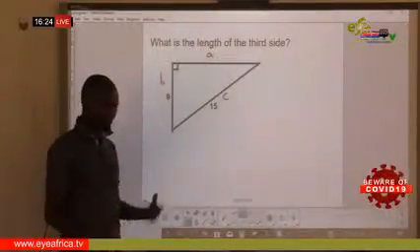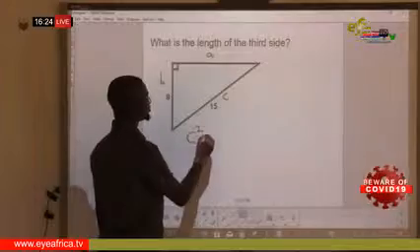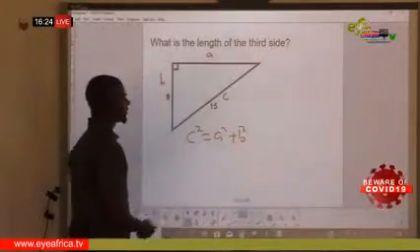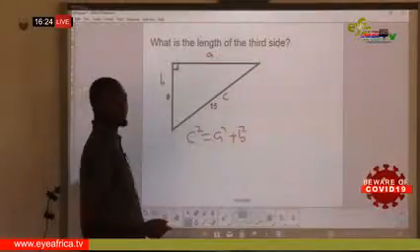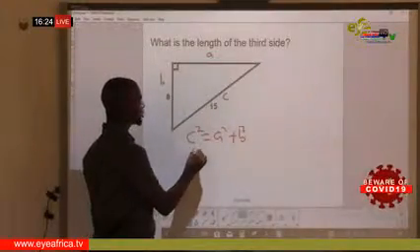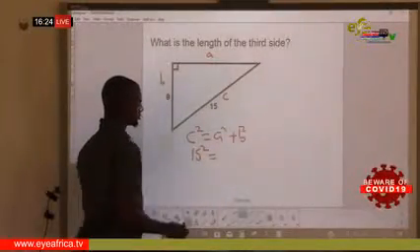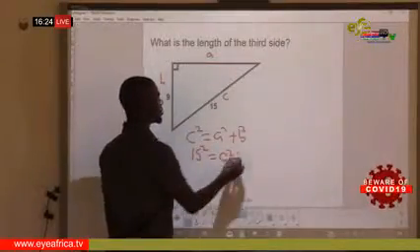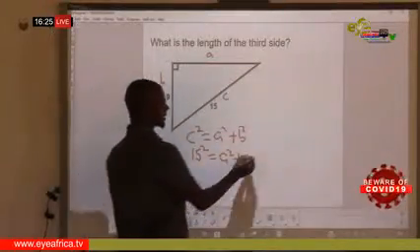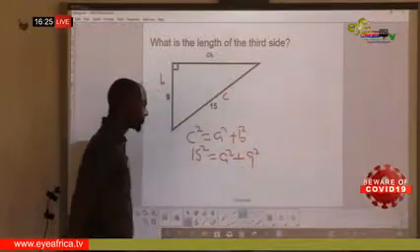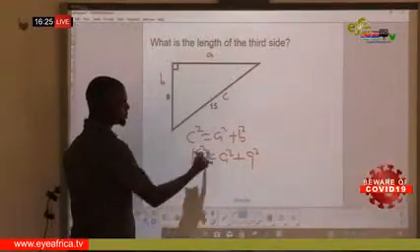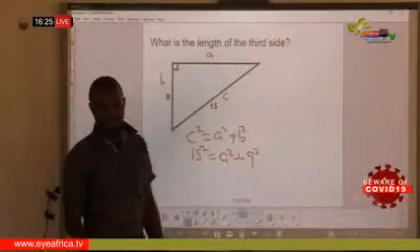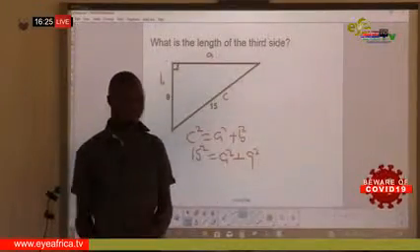So we apply the formula, that is C square equals A square plus B square. C is 15. So we will have 15 square equals A square, we don't know A, plus B square, that is B is 9, so that's 9 square. If you calculate this, 15 square is 225.